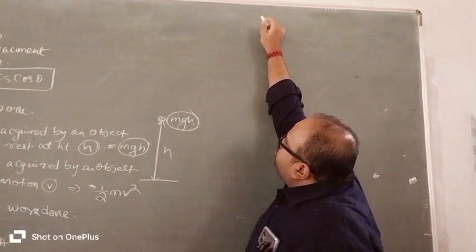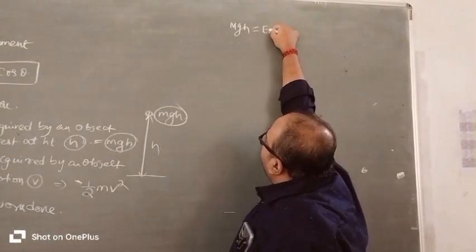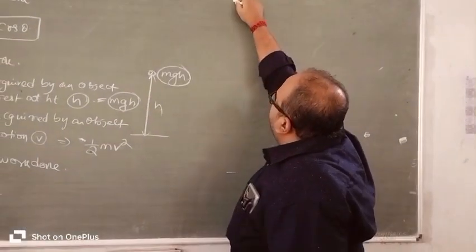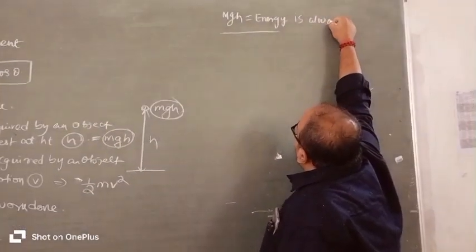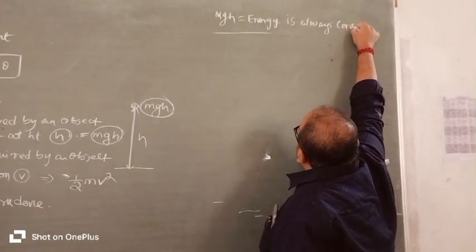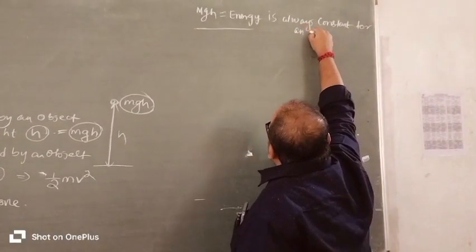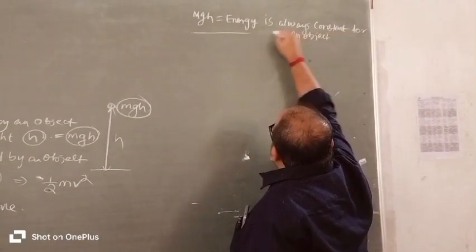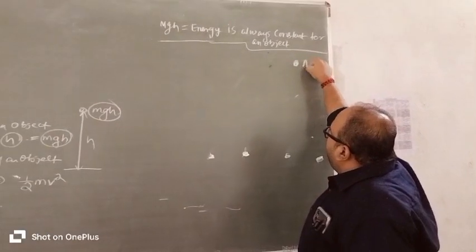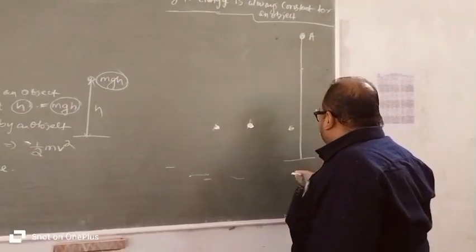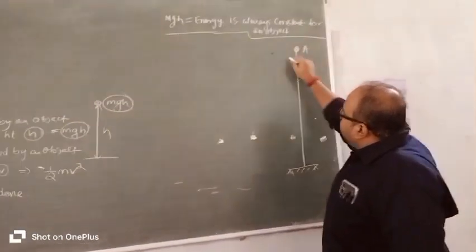Okay. Now we will prove one relation, which is called the energy equation, mgh. Energy is always constant for an object. How to do this? See here, this is the object at point A, and this is the ground level.